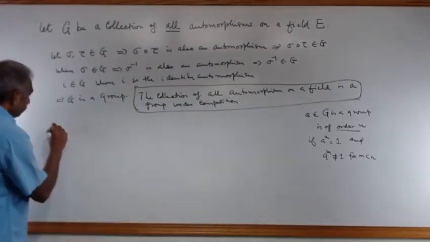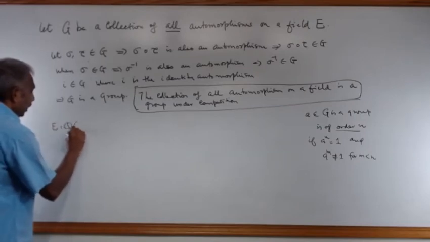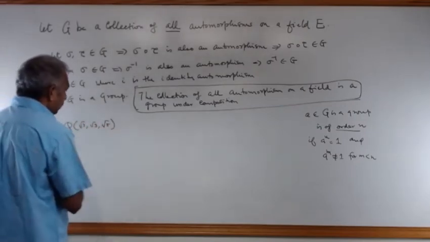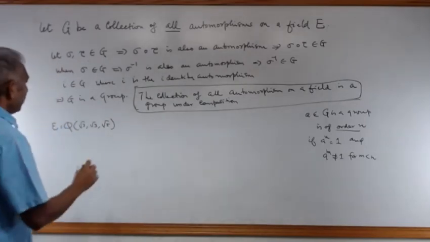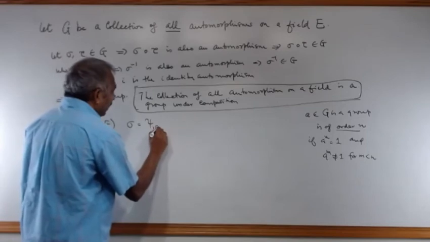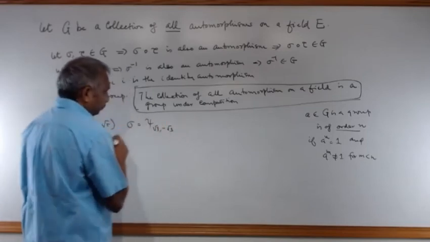So let E equal to, again, I'm going to take root 2, root 3, root 5, and sigma, I'm going to take it as root 3, minus root 3.